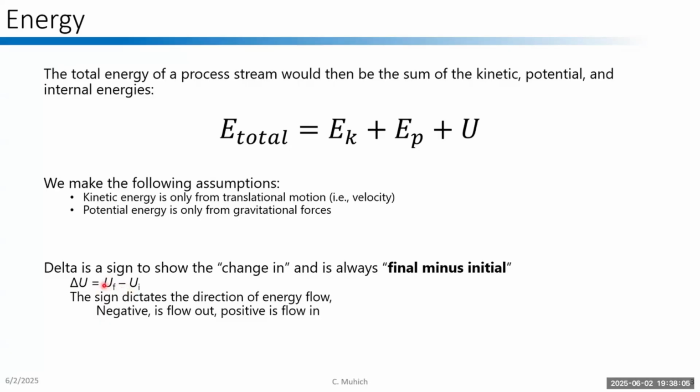This is always how we're going to define the change. And so the sign of delta U is going to indicate the direction of our energy flow. Negative means flow out, and positive means flow in. So if delta U is positive, energy has gone into the system, whatever I'm looking at. If delta U is negative, energy has come out of that system.